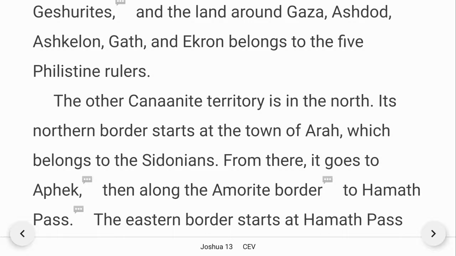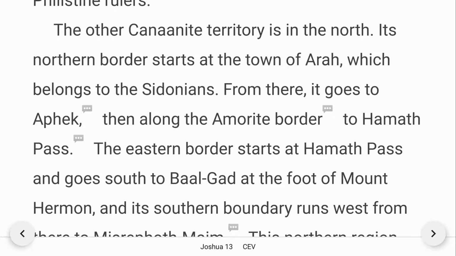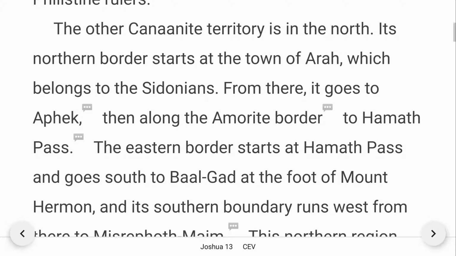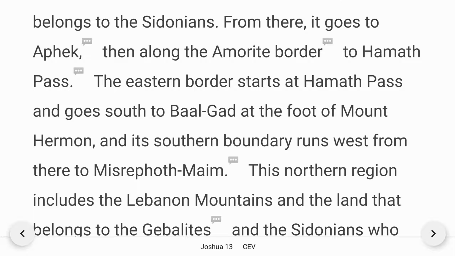Its northern border starts at the town of Arah, which belongs to the Sidonians. From there, it goes to Aphek, then along the Amorite border to Hamath Pass. The eastern border starts at Hamath Pass and goes south to Baal Gad at the foot of Mount Hermon, and its southern boundary runs west from there to Misrephoth-maim.